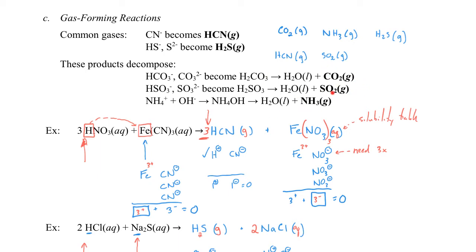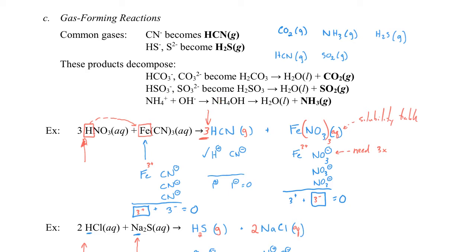Notice each of these gases, CO2, SO2, and ammonia, are all listed up here. So what do we need to make sure we're aware of? We need to be aware of the common gases, and we also need to be aware of the reactions that involve decompositions to gases. That would be carbonic acid, sulfurous acid, and ammonium hydroxide.